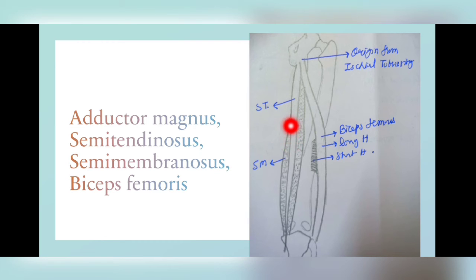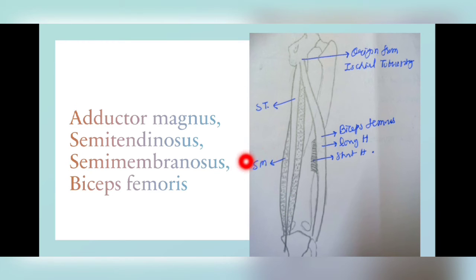This is semitendinosus. Semitendinosus has a longer tendon of insertion. Insertion of this semitendinosus is over the upper end of tibia anteriorly, just behind the insertion of sartorius and gracilis.